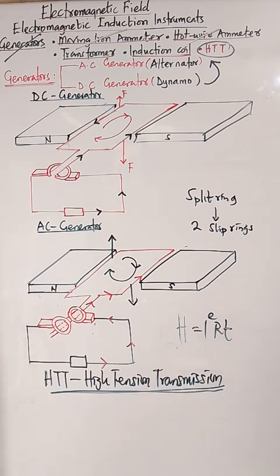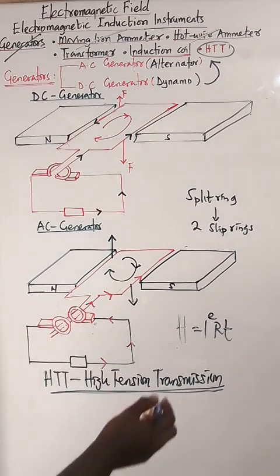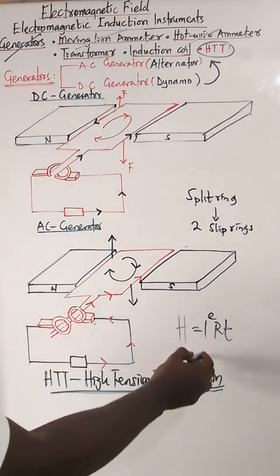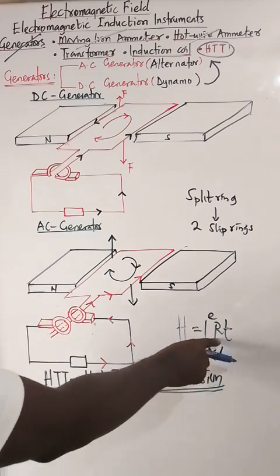For example, in Nigeria, we have what we call the Kainji Dam in Niger State. We call it the power state because a large amount of power is generated in the state. So if we have to transmit that to other parts of the state or even outside the state, the thing is the conductor we are going to use, the wire, since it's extremely long, the resistance of the wire is proportional to the length. If the length is long, the resistance is very high.